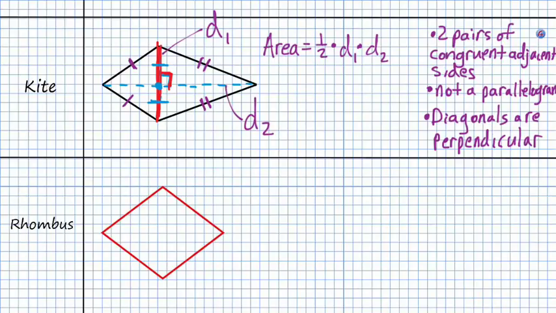The reason that this works out is that we can imagine, we see how these two sides are congruent. So I could actually take this triangle and move it here. Likewise, I could move this other triangle down here.